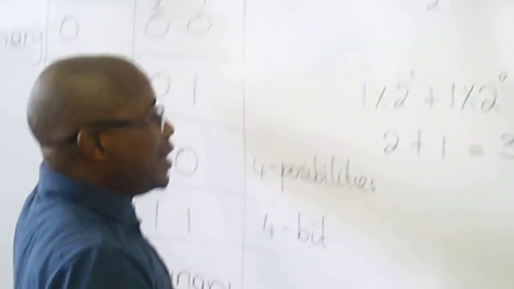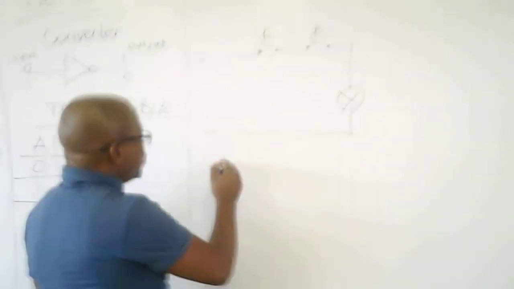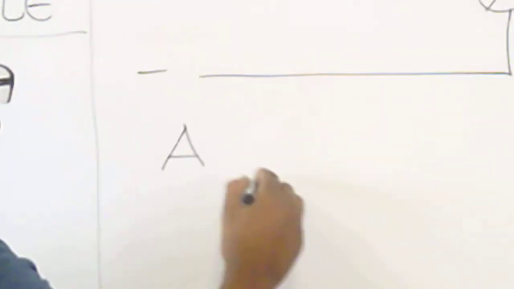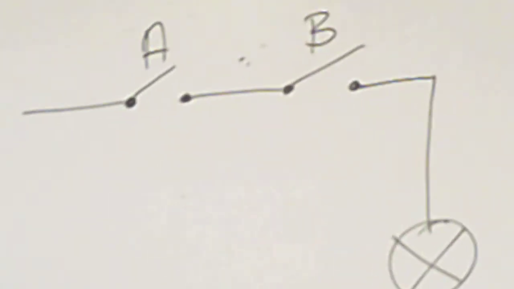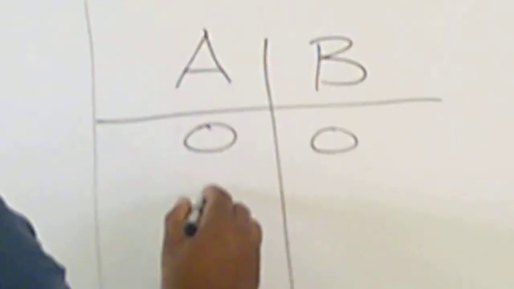Then I will have to go back and remember how to read on the binary and do the truth table. I have 2 inputs, it's A and B. I have A and B, that means I have 0, 0, that is the first possibility. The second possibility will be 0, 1.